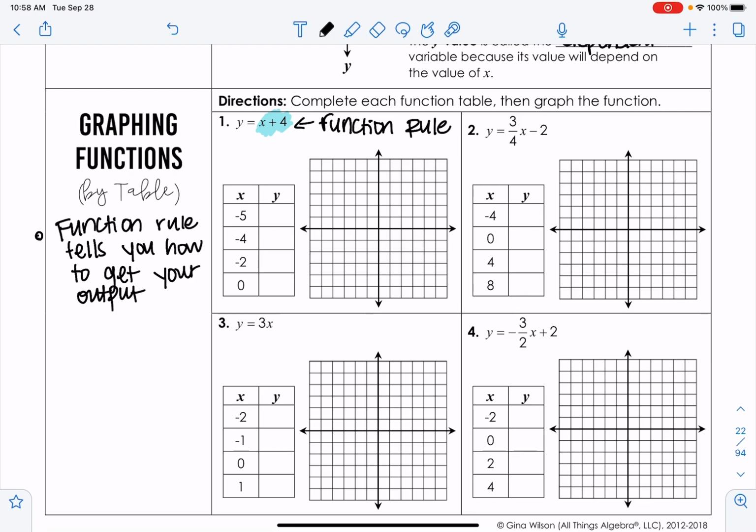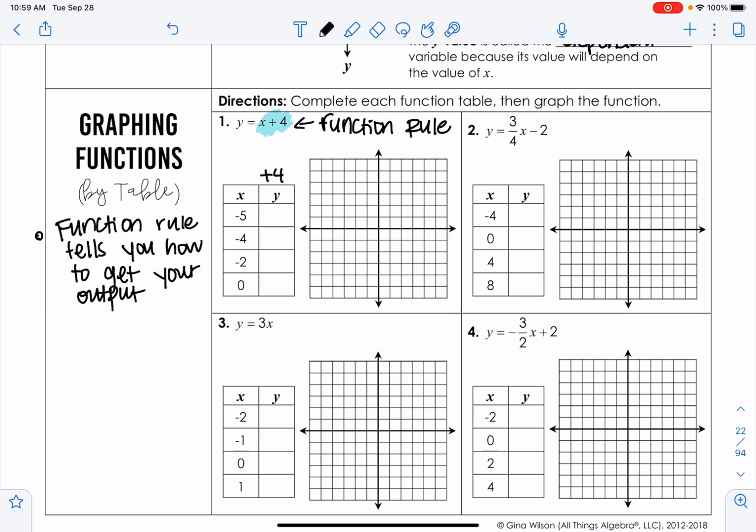Then you just use that function rule to get your y. Our equation says that y equals x plus 4. So when you're given your x, you just add 4 to find your y. So you just fill out your table.